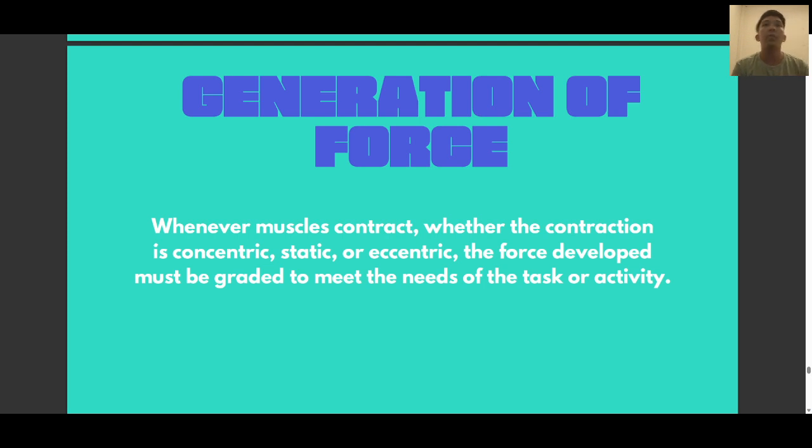So we will also consider, like I've said, the frequency, of course, the size of the muscles in our arm, the muscle fiber types in our arm, the length of our sarcomere, and also the speed.